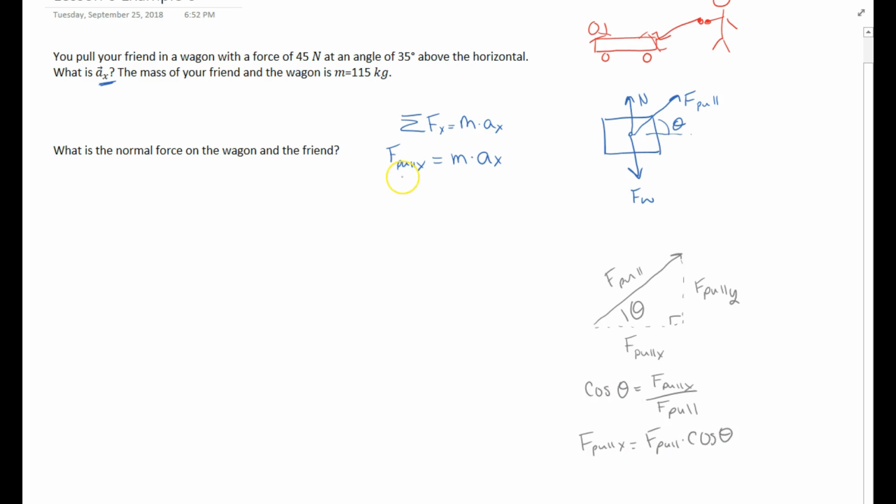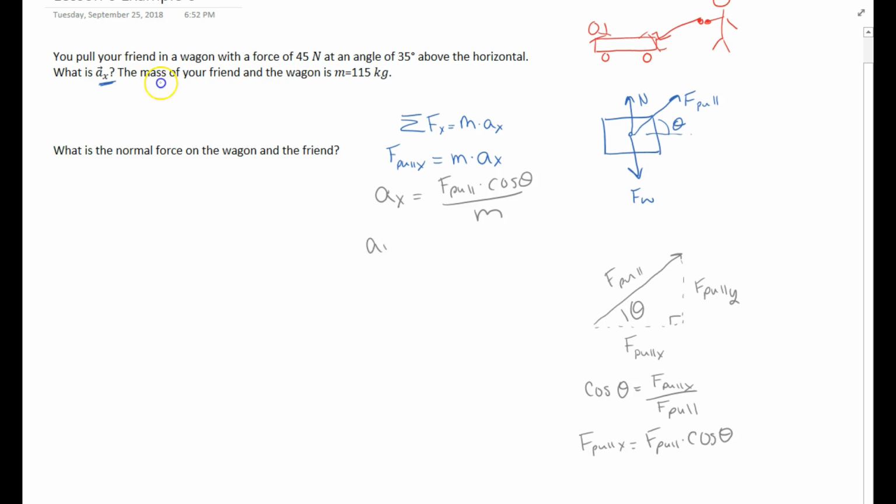So now we can go ahead and substitute that into this equation. When we do that, we get that our acceleration in the x direction is equal to F pull times cosine of theta divided by m. We have everything that we need to solve this problem. It is very important, however, that as you're doing this, you make sure your calculator is in degree mode. If your calculator is in radians, you will get the wrong answer.